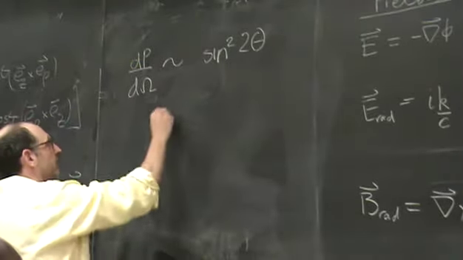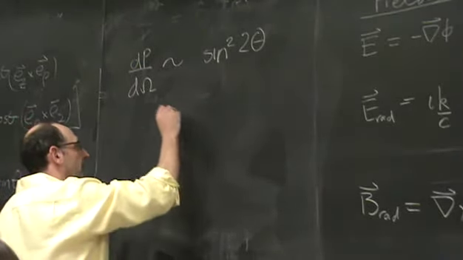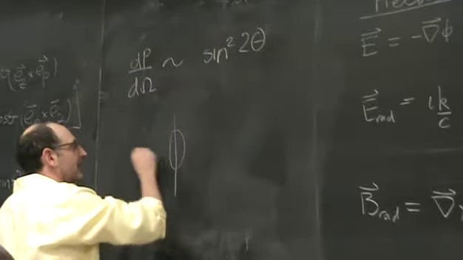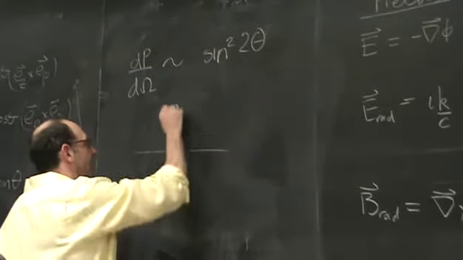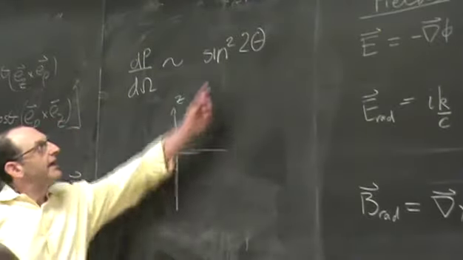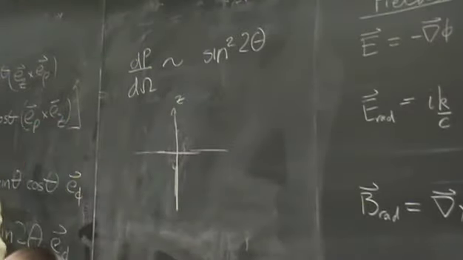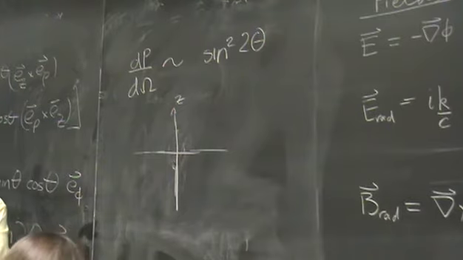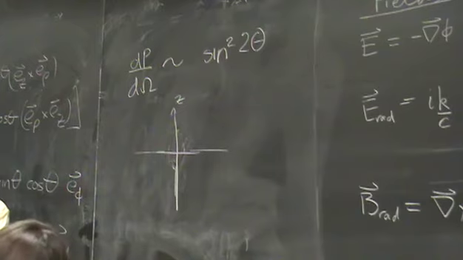Okay? So here's my egg. I won't draw the egg again because I don't want to confuse it. Here's the z-axis. What does the pattern look like? At theta equals 0, it's 0. At theta equals pi over 2, it's 0. And where is it maximum?